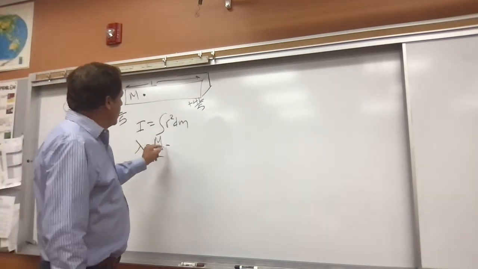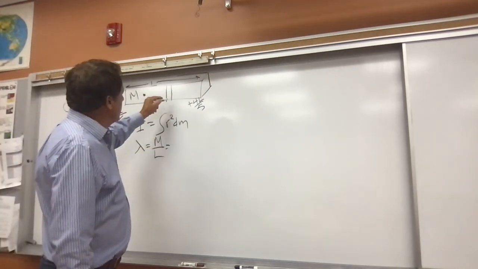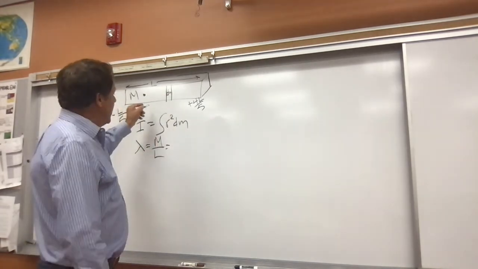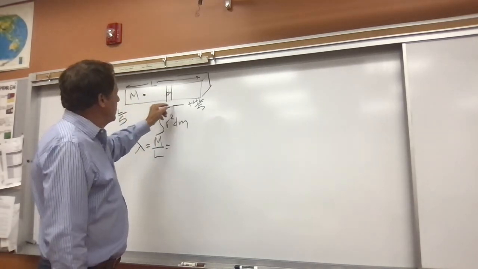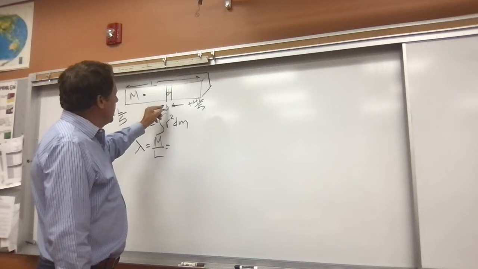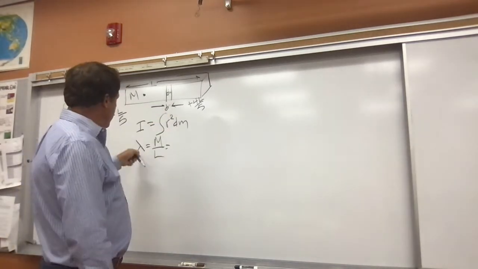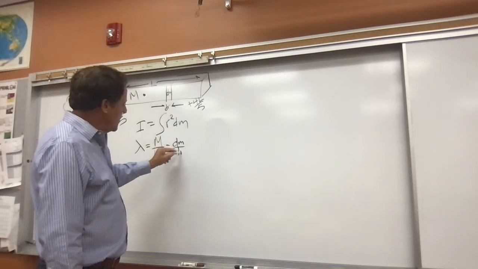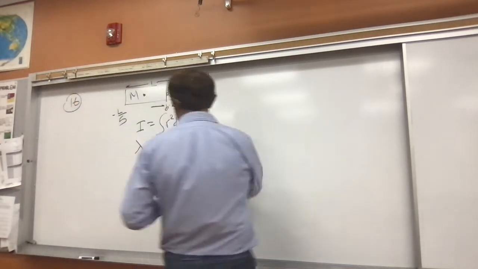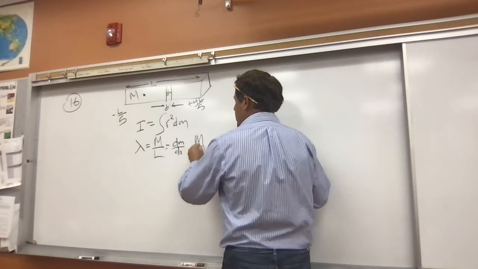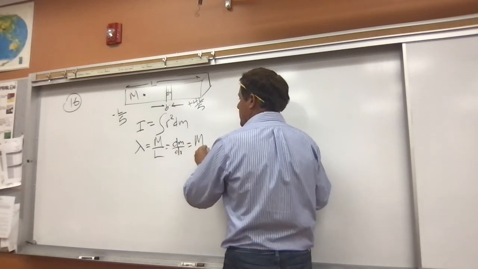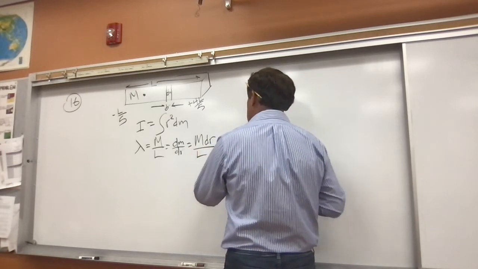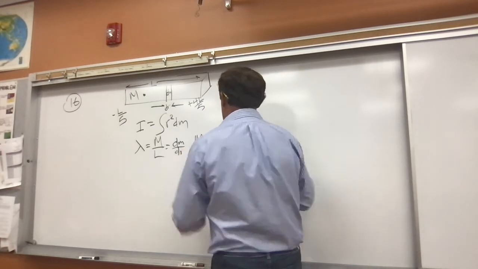Now this is also equal to a short little section, which would be a change in mass, and the width of that would be a dr. So the linear density would be equal to dm over dr, and therefore we can now say that dm is M dr over L.